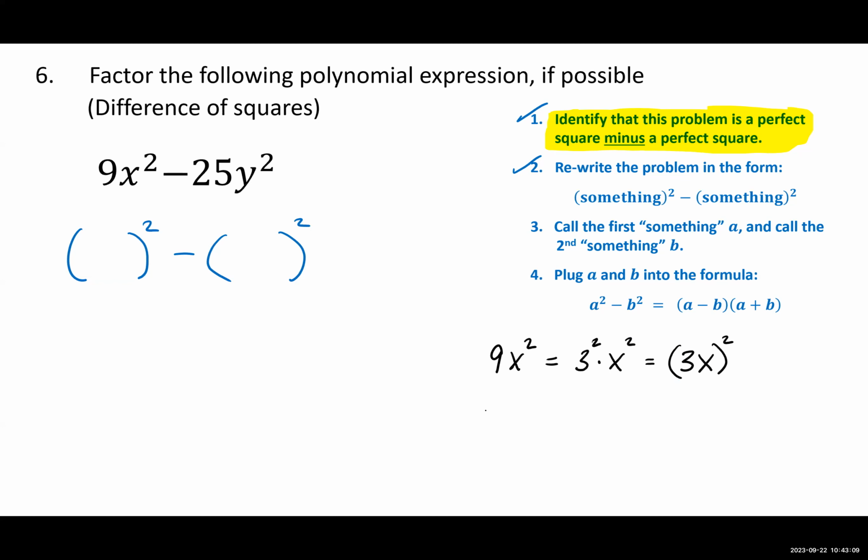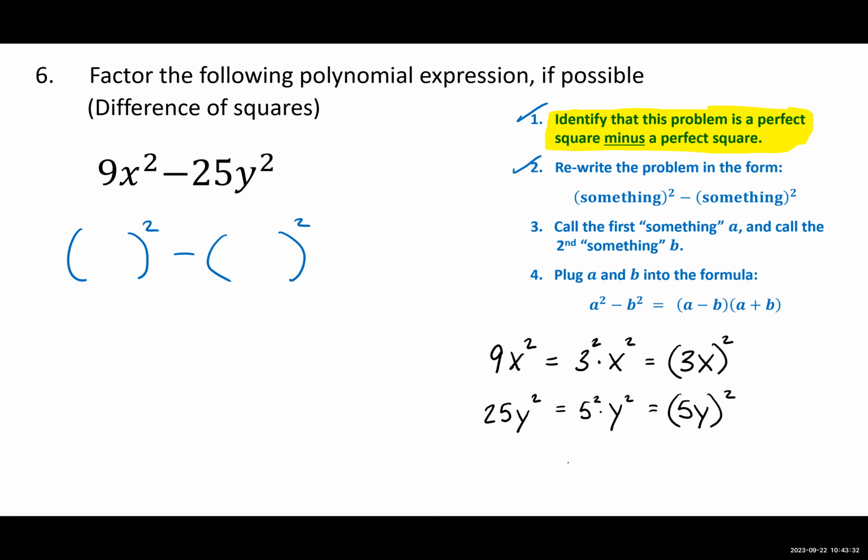And then the second one, 25y squared. Well, 25 is 5 squared, and y squared is y squared. And again, different bases, but same exponent. So we could write that as (5y) all raised to the second power.